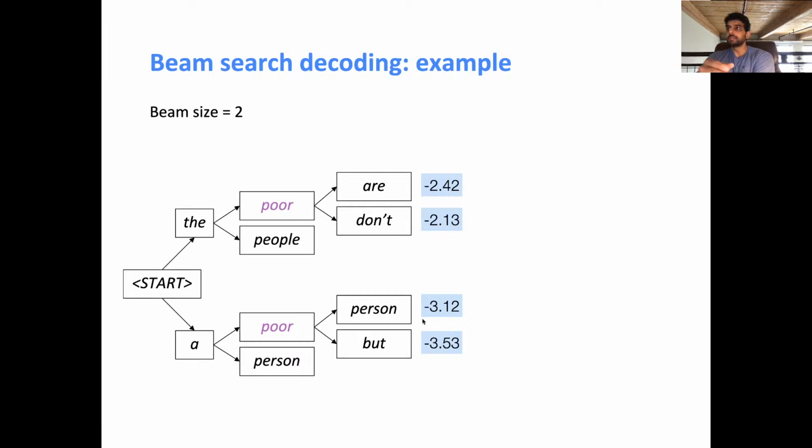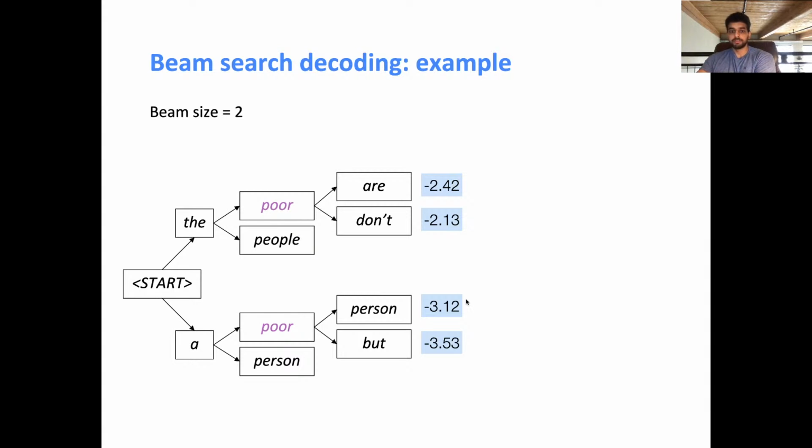So in beam search, at every stage of the process, I'm going to prune the candidates back down to the beam size. So I always want to have a beam size of 2, meaning I have 2 candidate translations that I'm considering. So at this point, when I re-rank all of these probabilities, I find that these 2 are the highest. And so since my beam size is 2, I no longer consider these.